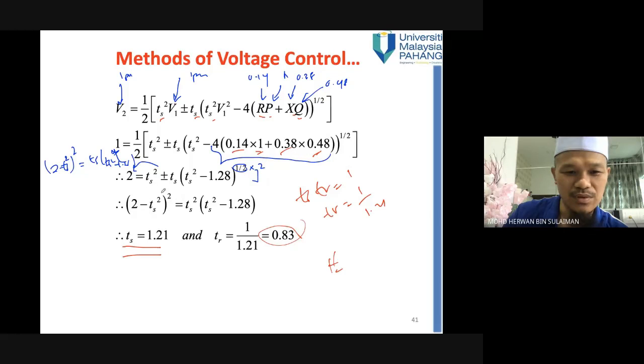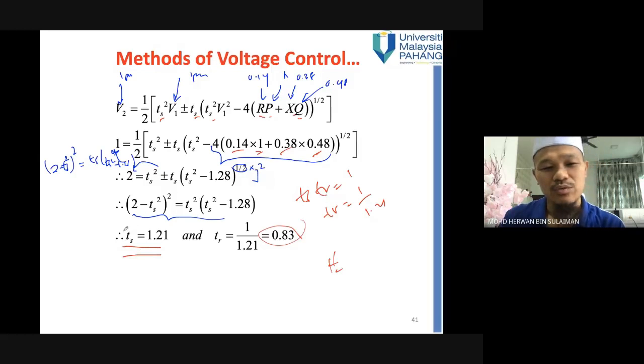So you get this value in terms of these terms. Okay, and then you expand again until you get TS, so there is TS to the power 4 and so on. And then you can get your value.